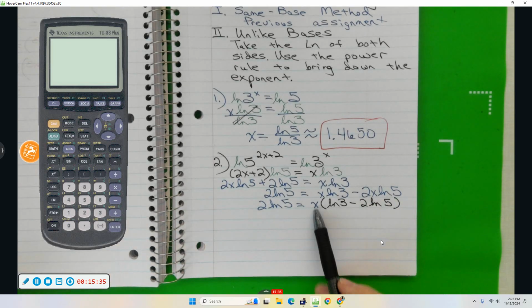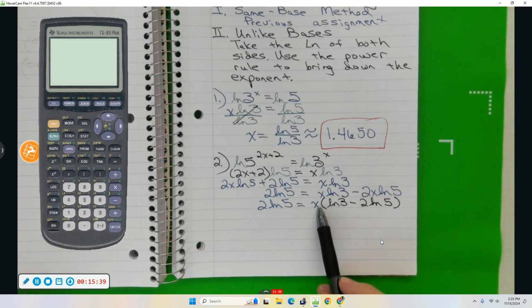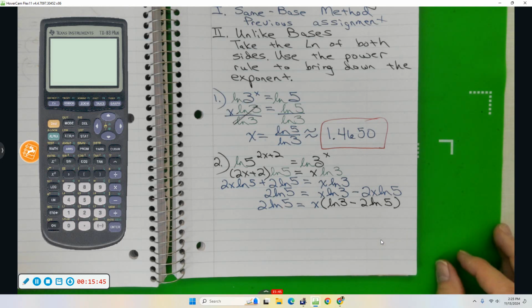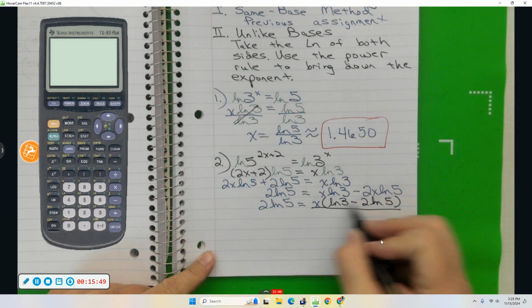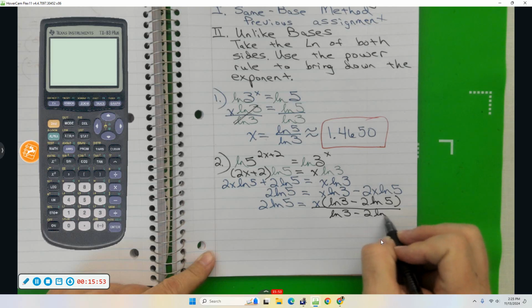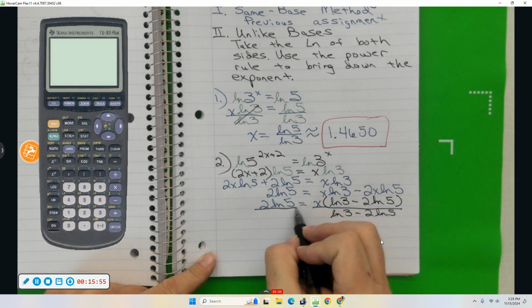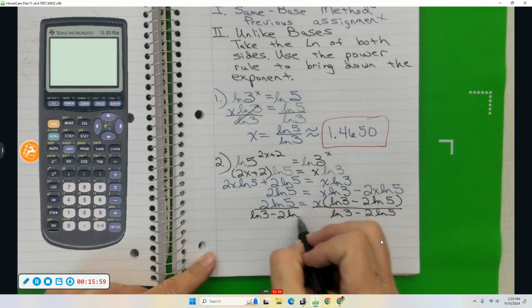We have x. This is a messy decimal number, but it's still just x times a number. What undoes that multiplication? Here we're going to have to divide by that entire ln 3 minus 2 ln 5.